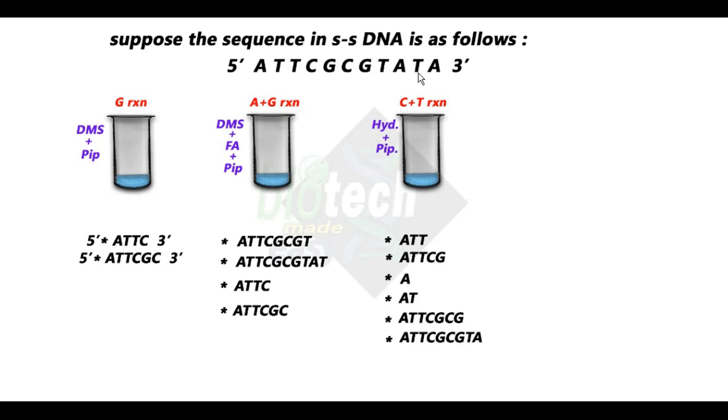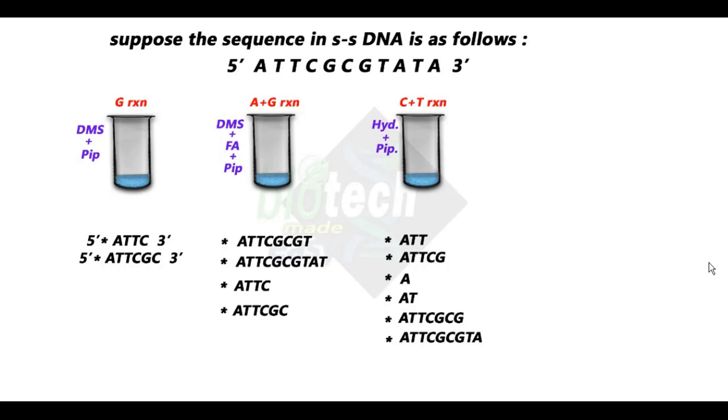So at all these points you will see the break will take place. So first, if the break was at this particular point, you get ATT, and then something like you can see how you get these different fragments here.